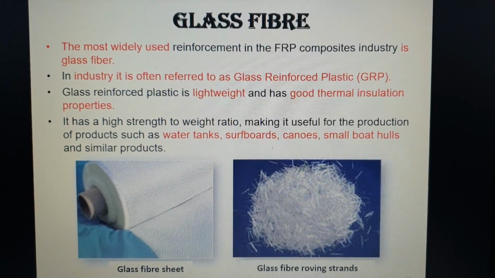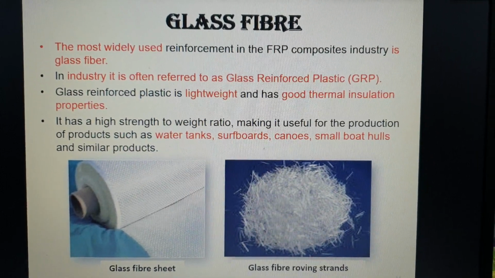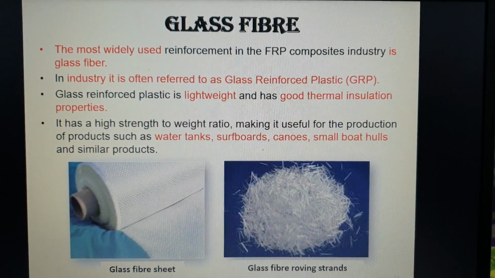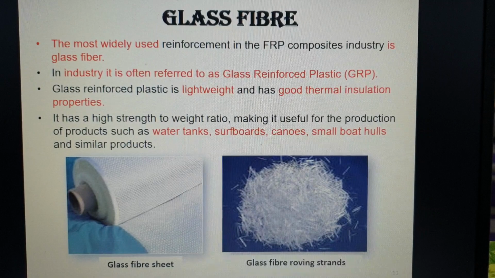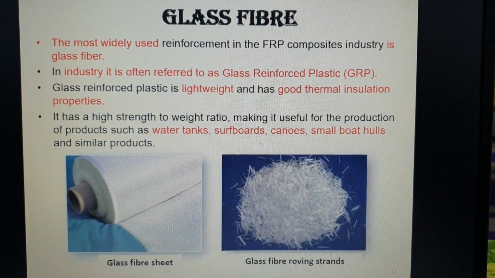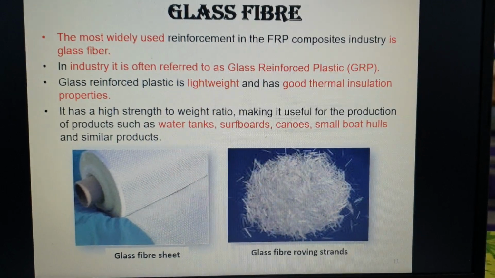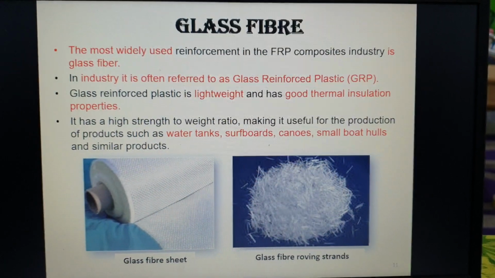In industry, it is often referred to as glass reinforced plastic. Glass reinforced plastic is lightweight and has good thermal insulation properties. It has a high strength to weight ratio, making it useful for the production of products such as water tanks, surfboards, canoes, small boat hulls, and similar products.